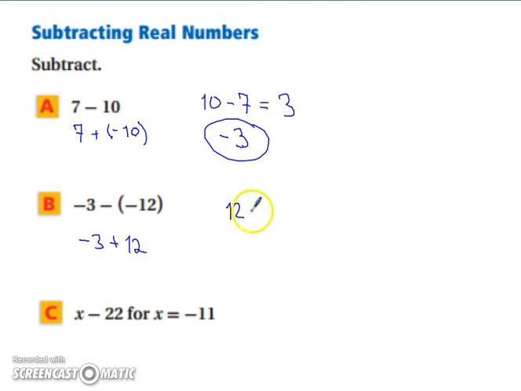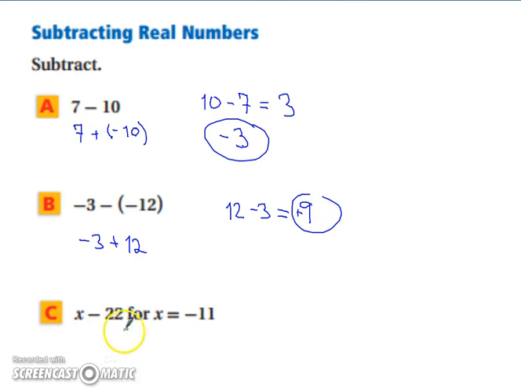So we've got 12 minus 3, which gives us 9. And now we need to figure out whether it's positive or negative. Well, comparing the absolute values of negative 3 and 12, 12 is larger, so therefore we're going to have a positive 9.